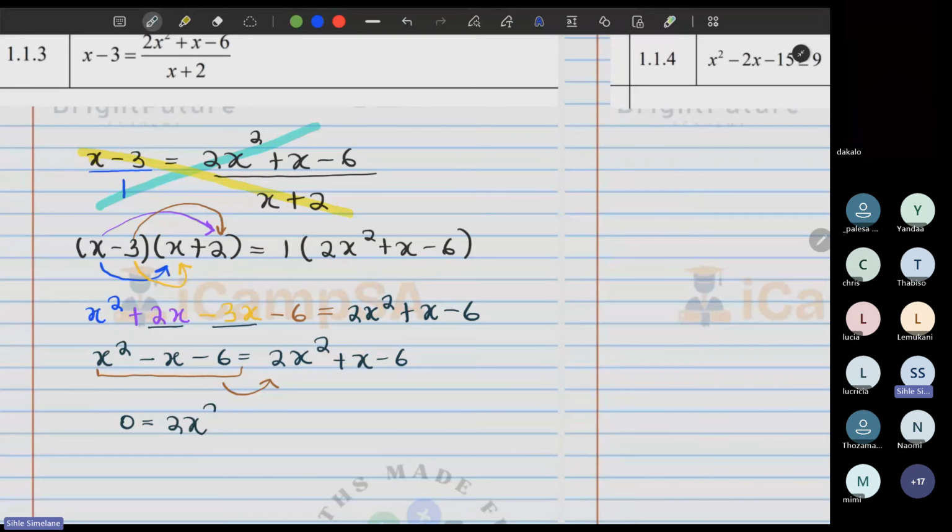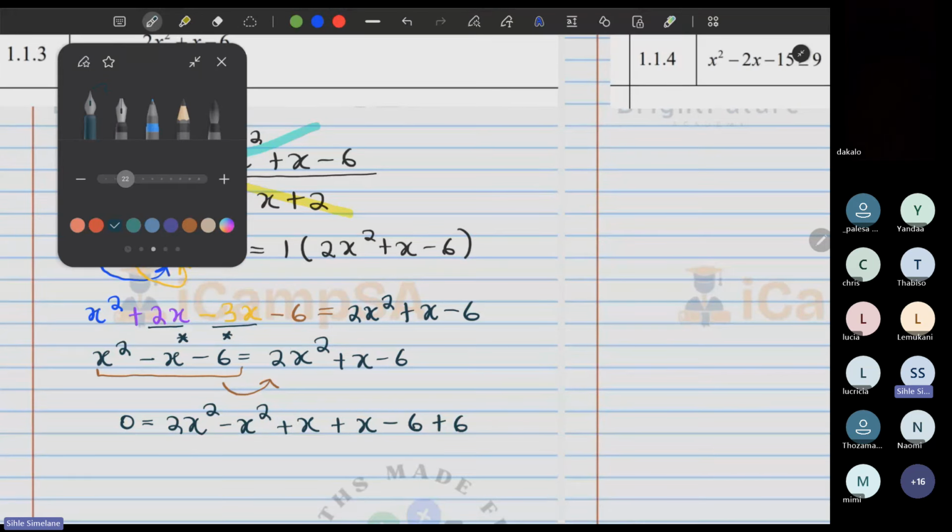Then I'm going to have 2x squared minus x squared and then plus x. When we move, guys, what does this x become when it goes to the right-hand side? It becomes positive x. And then I have the minus 6 from the other side, and this minus 6 becomes positive, so we have positive 6.